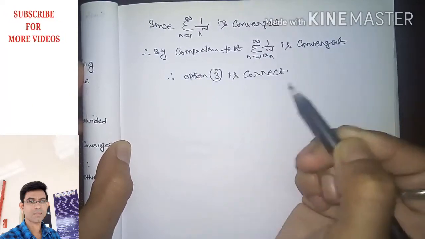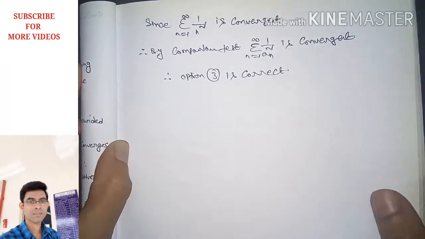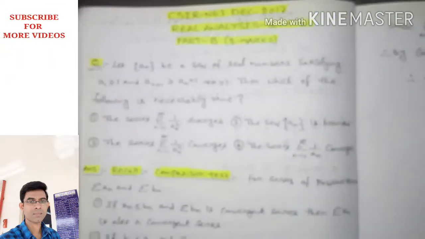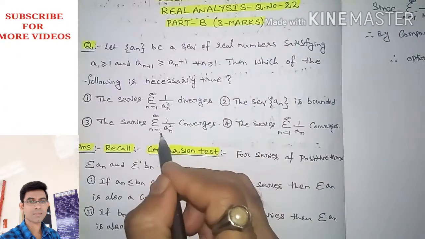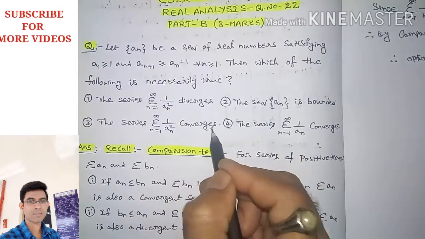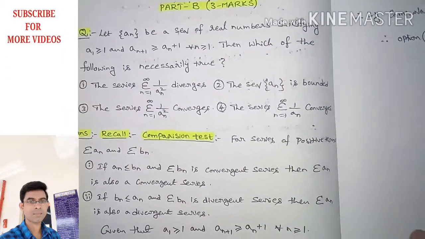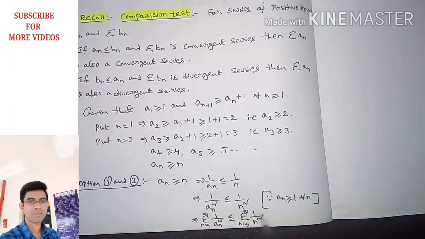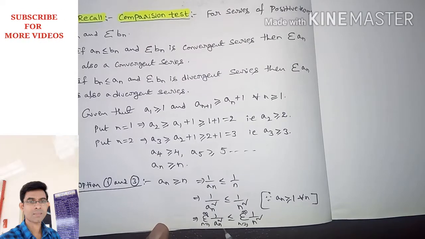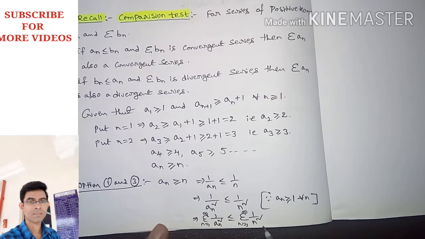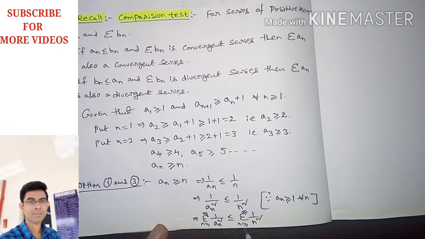Is it clear? So here, once you see the options, the series n = 1 to infinity 1 by a_n square converges. We are using comparison test. Here we have series 1 by a_n square is less than or equal to series 1 by n square, and we know that the series 1 by n square is a convergent series.